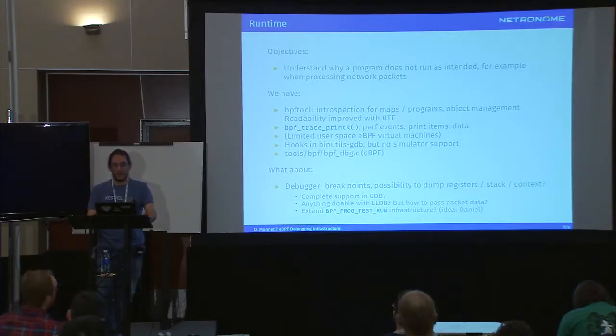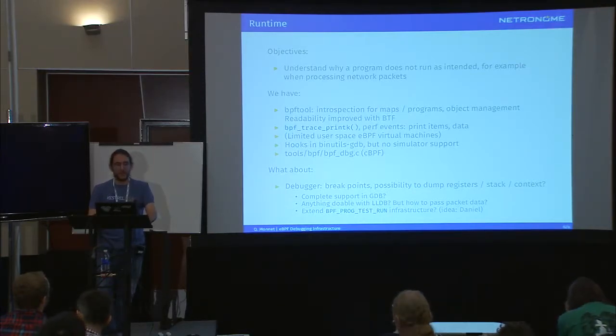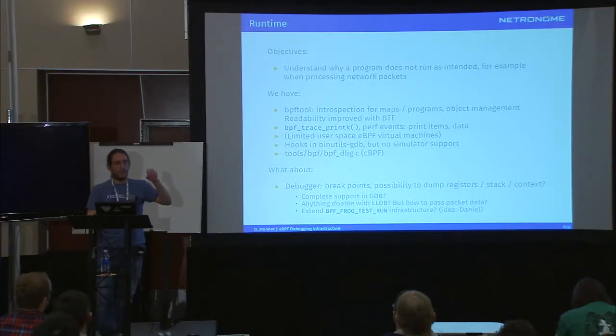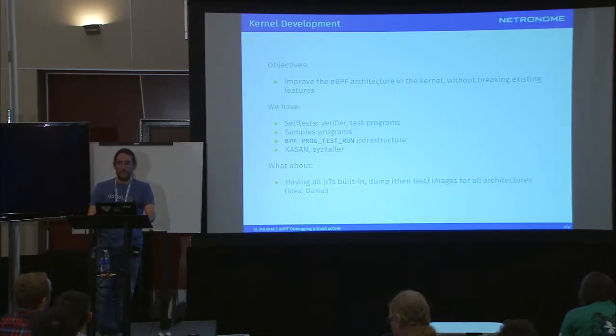So maybe one thing to explore, suggested by Daniel, is to extend the BPF prog test run infrastructure that is in the kernel already. So that's something you can pass a program to, and you give it some input data, and it gives you some output data and the return value. We could imagine adding an attribute there to add breakpoints to that infrastructure.